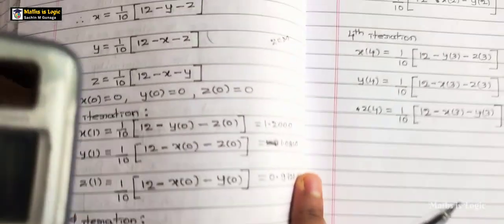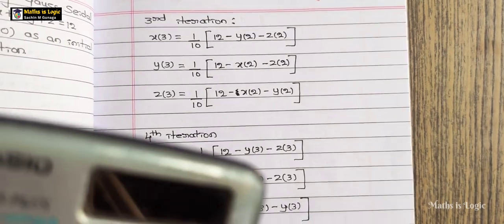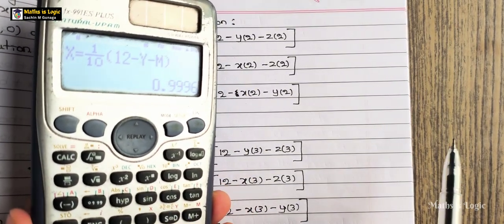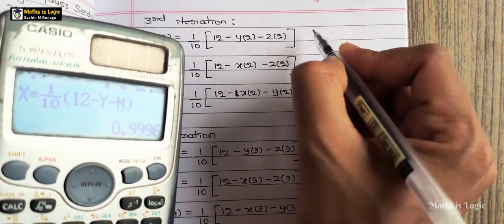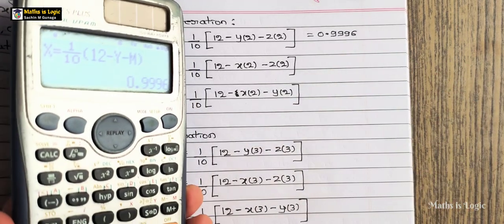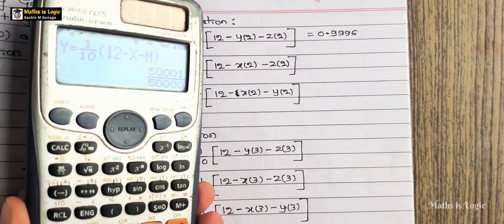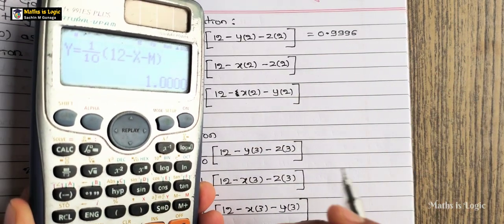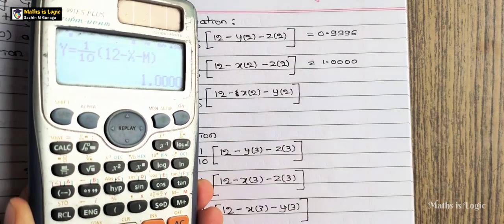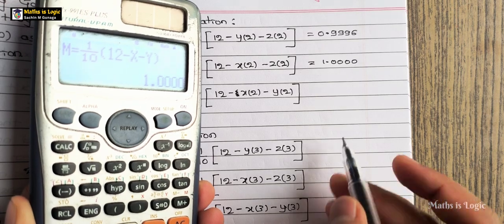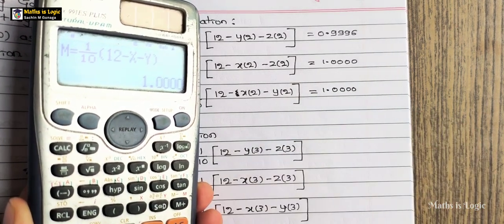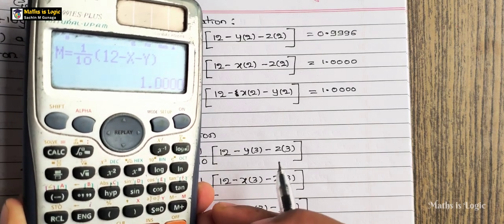That time the first value becomes 0.9996, correct. Next the second value becomes 1.0000, and the last value again becomes 1.0000. Great.